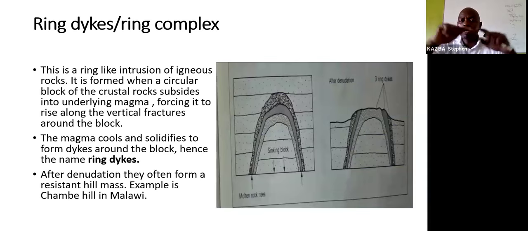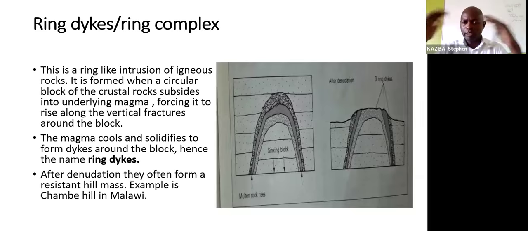They are formed when circular blocks sink within the interior, and as they sink in magma, the magma forms those rings around them. Now, when magma solidifies, it solidifies with those rings around those blocks. When they are exposed, you can easily see those rings around the blocks.